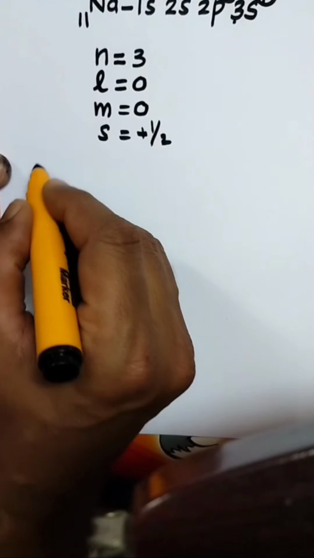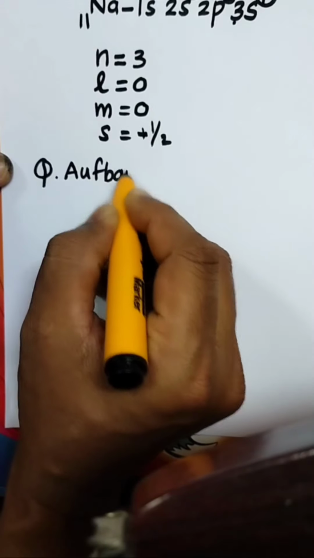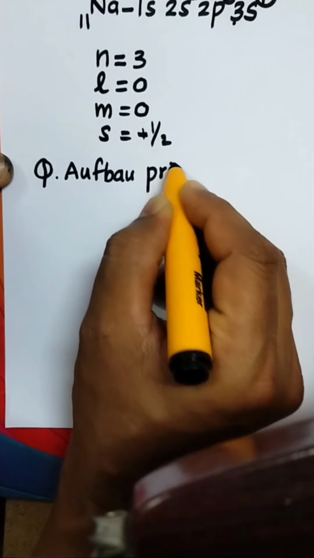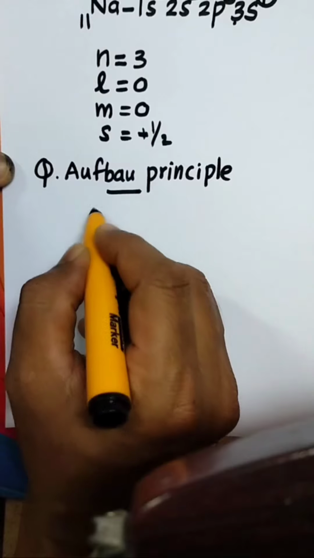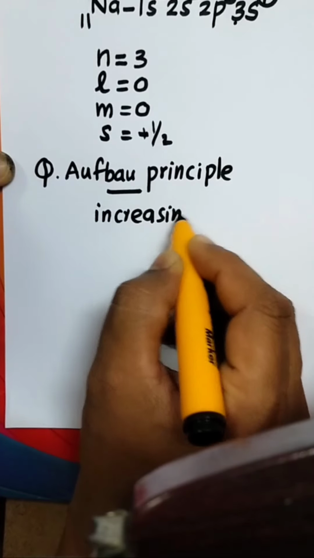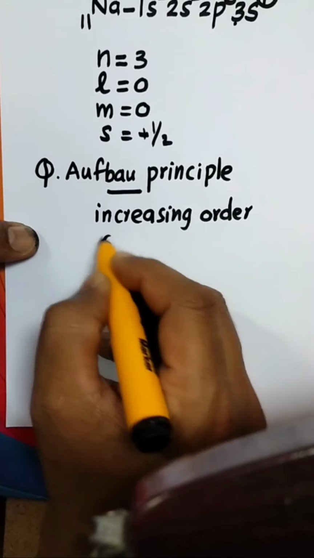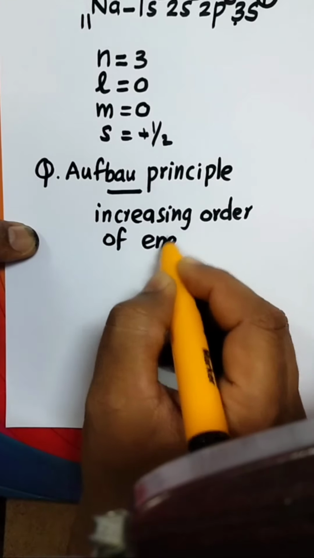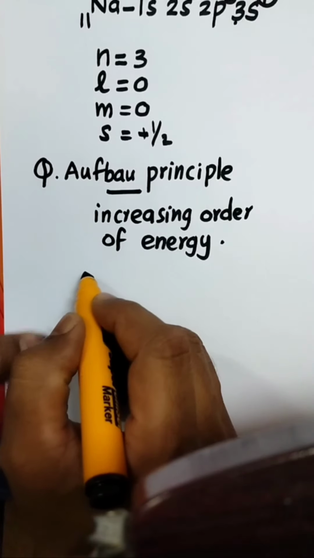Next question, Aufbau principle. Electrons enter orbitals in the increasing order of energy.